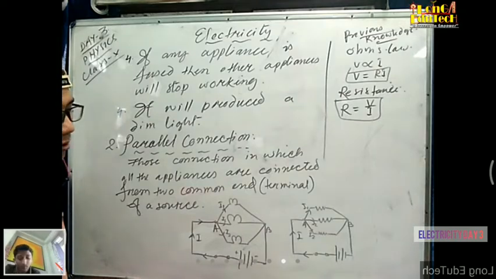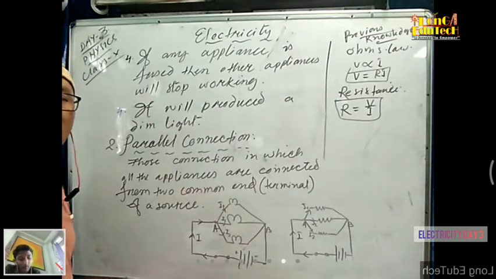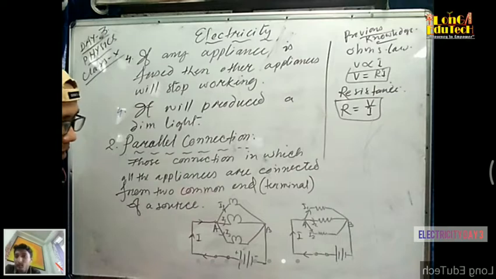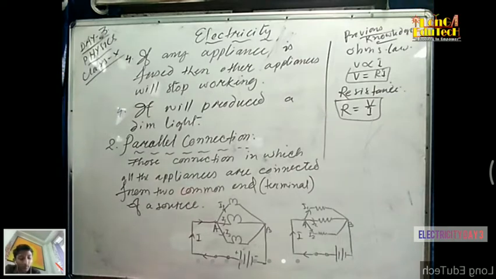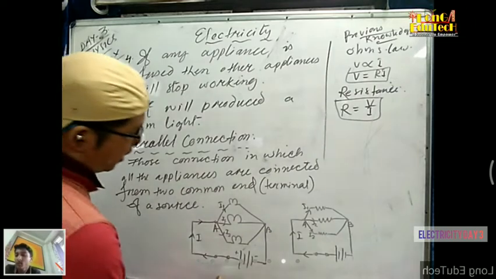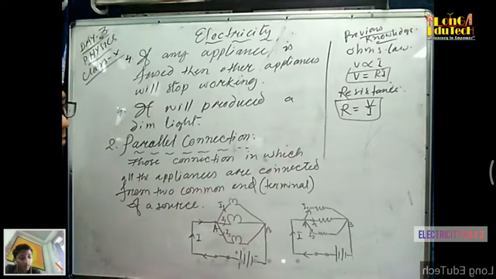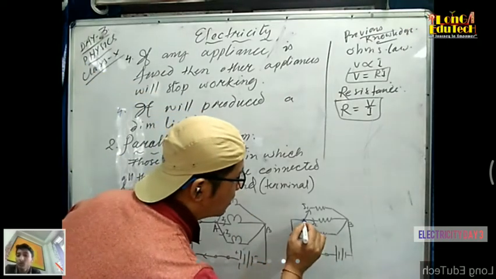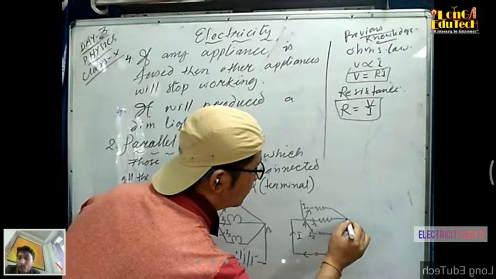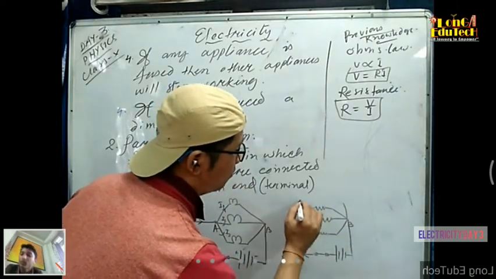But what happened? The difference is here all the appliances, even though they are consuming different power, are using the same source, and different currents are flowing to them. Then what will happen? All of the appliances will have the same voltage, you can write it down also, no problem.